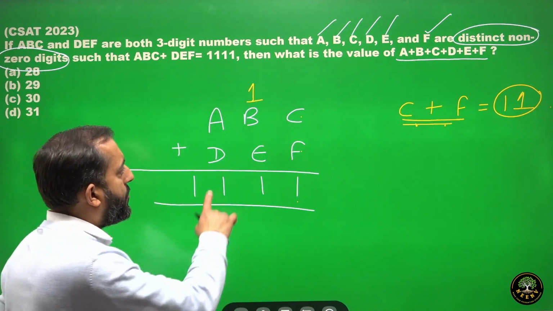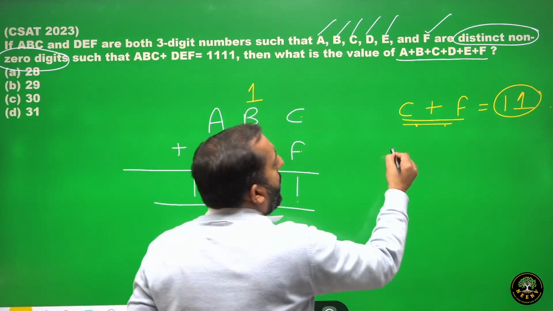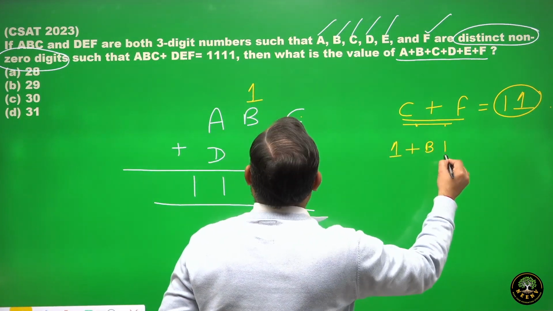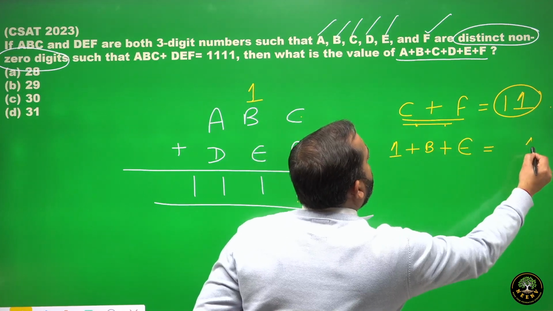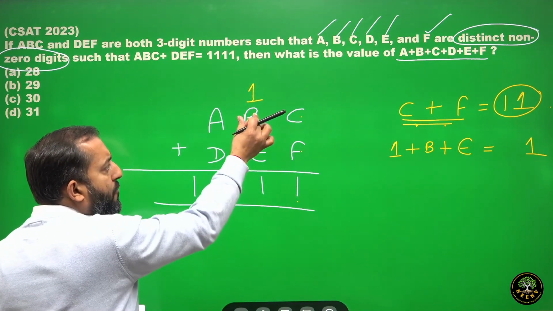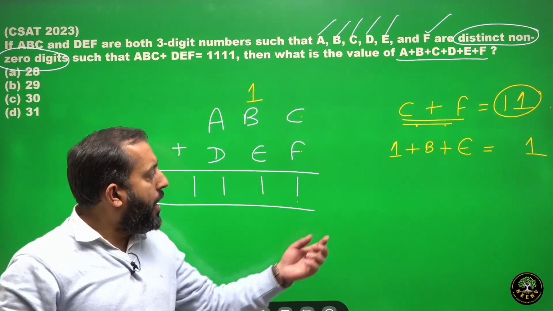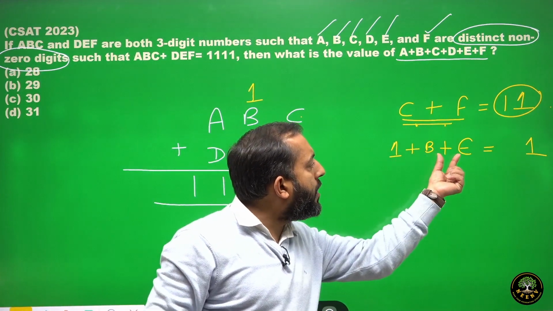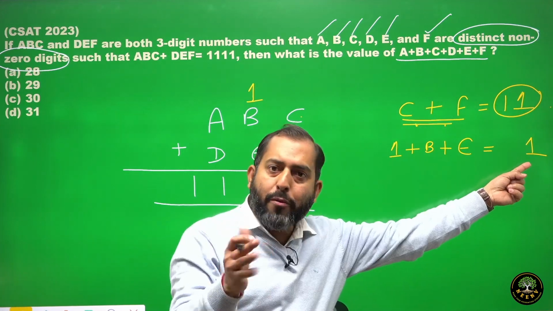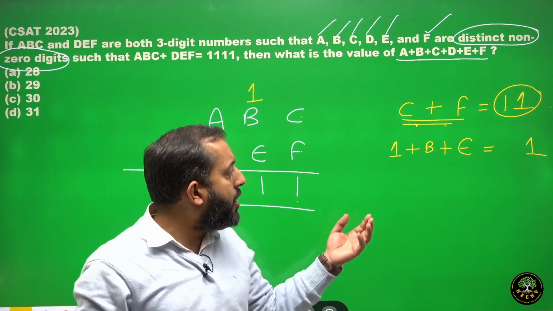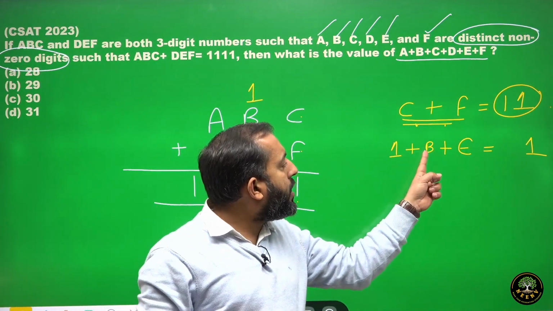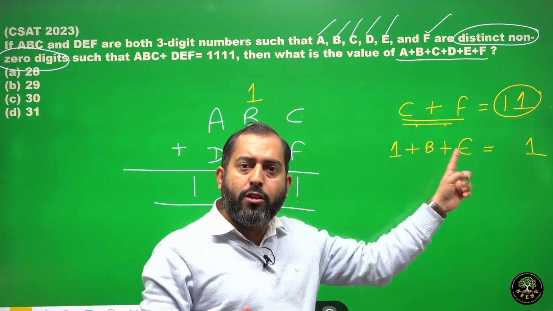Done. Now next. Now 1 plus B plus E is equal to 1, as per this second column. Now it is not possible again. If you are adding 1 to something, your result cannot be 1 only. Now you can argue, sir, what if B is 0 and E is 0? This is not a possibility.